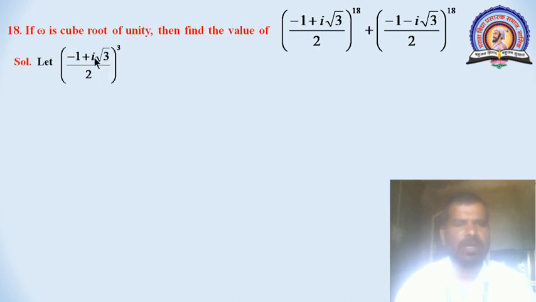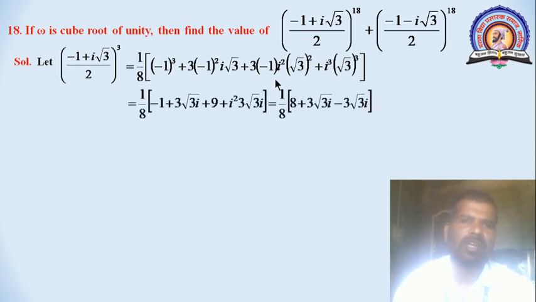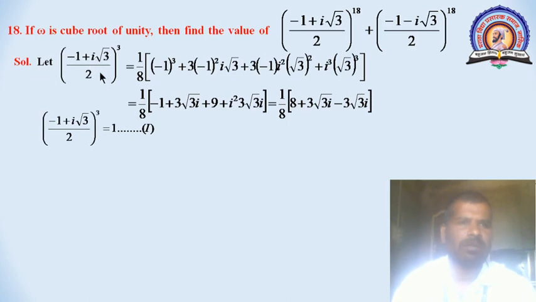So we know that a upon b bracket cube is a cube upon b cube, and making the cube of the numerator using a plus b bracket cube as a cube plus 3ab square plus 3a square b plus b cube. Using that formula, putting the value of I square as minus 1, simplifying, you will get minus 1 plus I root 3 upon 2 bracket cube is equal to 1.